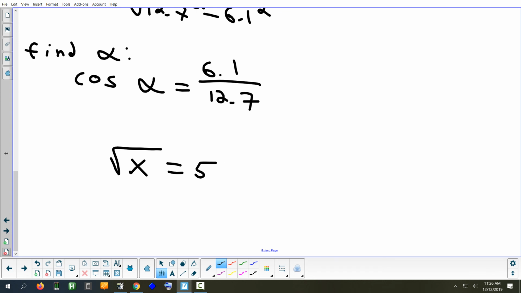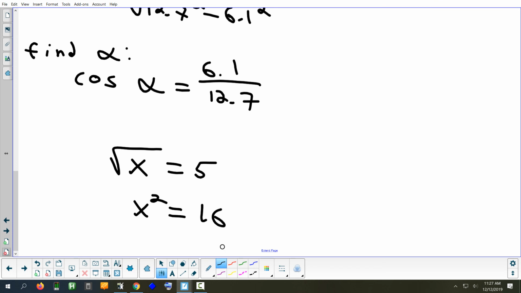Or if you had the opposite of that, how would you explain how to solve the bottom one? Right, the first word she said: take the square root of both sides. You don't multiply both sides by the square root. You don't divide both sides by the square root. That doesn't make sense. You can't add, subtract, multiply, or divide with a function. Add, subtract, multiply, and divide is for numbers and letters.